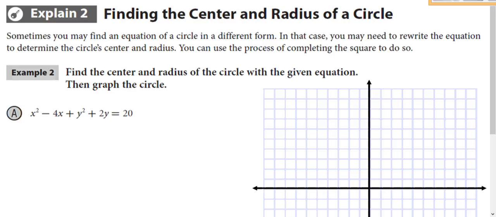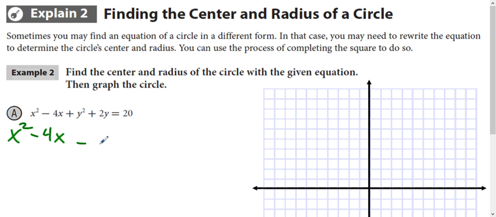So now we're ready to do the bigger problem, which is convert this so that we can graph it. We're going to find the center and the radius and graph it. The first thing that you're going to do to convert is arrange it so it's going to work out nice for you. So you're going to start with x squared. And then the minus 4x.